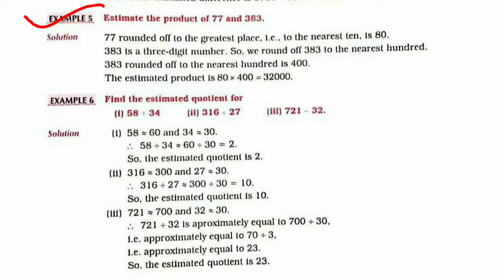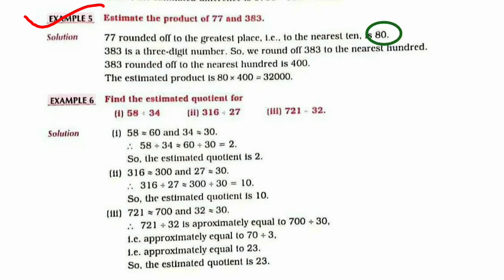77 is rounded off to the greatest place, that is to the nearest tens, because it is a 2-digit number, and the nearest tens will be 80.